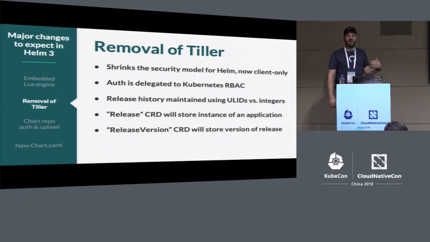Right now, when you store a release, it's a config map that has the whole release object compressed down and stored inside of it in Kubernetes. But now we're going to have a release and a release version object that will contain the release name and basic data about it, and then specific versions, so you can still have that Helm rollback functionality and roll back to a specific version. So that's going to be the main difference there.